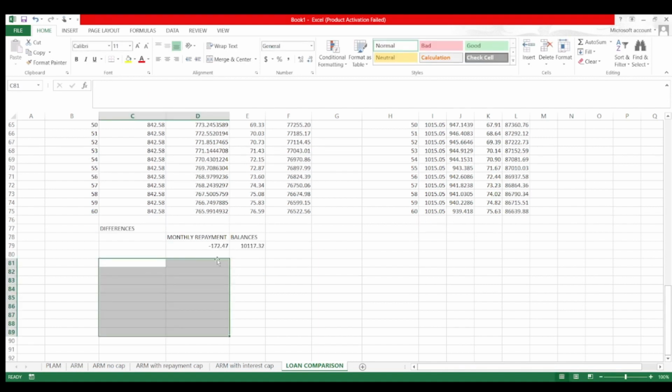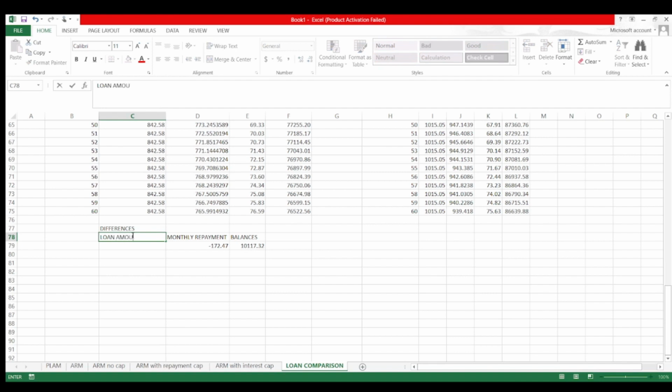And what we also need to note is the difference in the present value, or rather the initial loan amount. These future balances we can refer to them as our future value.